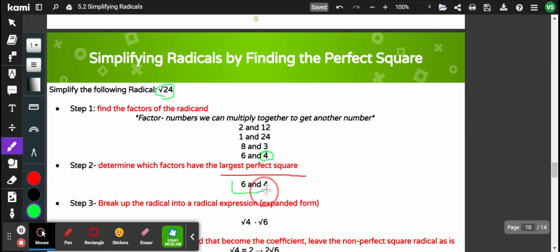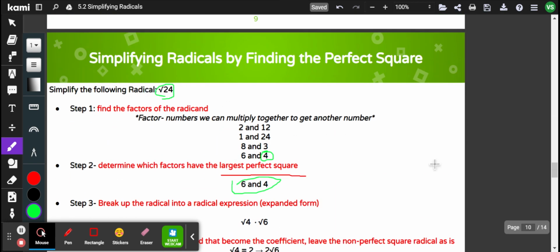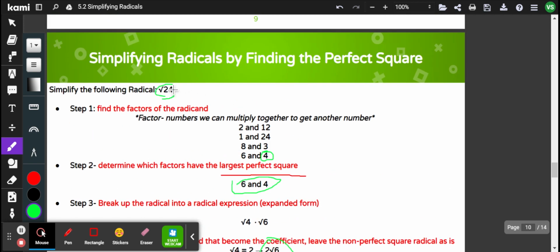We're going to split root 24 up into root 4 times root 6. When we take the square root of 4, we get 2. And then it becomes 2 root 6, because you can't simplify root 6 any simpler. So 2 root 6 is the simplified version of root 24.